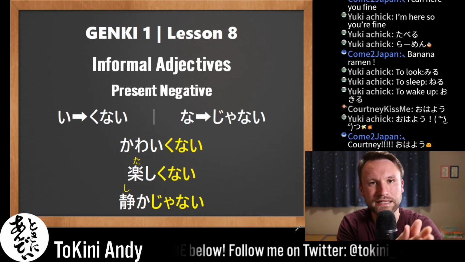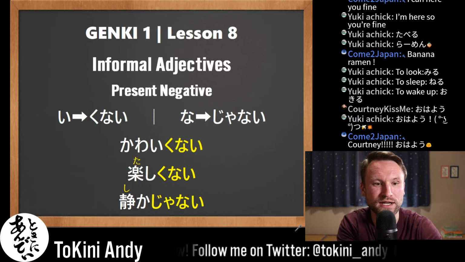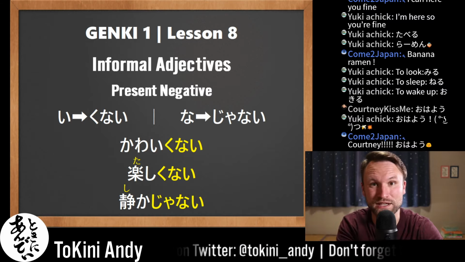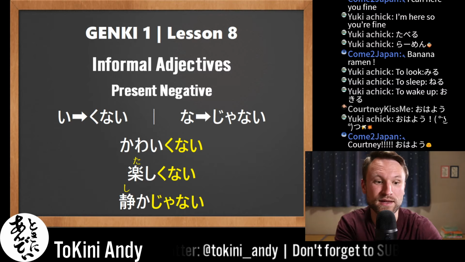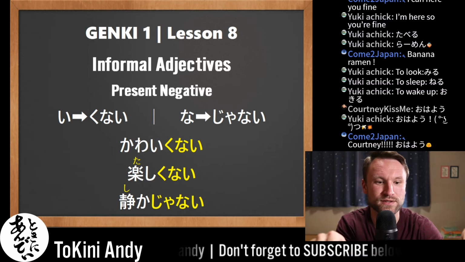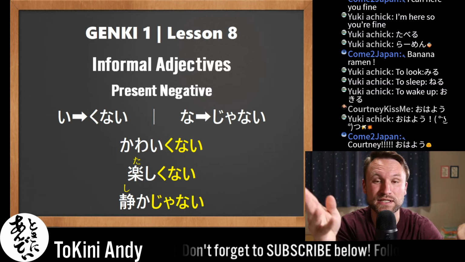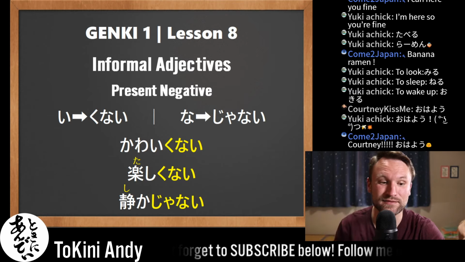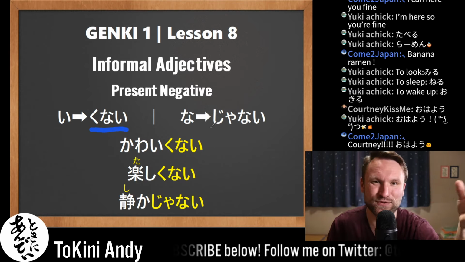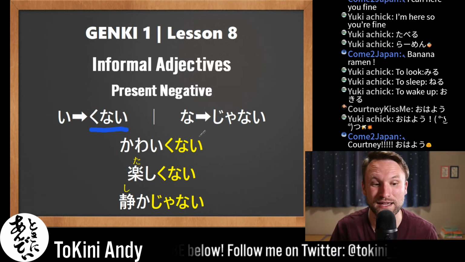So the one that's a little bit confusing for some people when you're conjugating adjectives is when you want to negate them. You want the negative version, just like what we did with the verbs. So it's a little intimidating, but it's actually really straightforward. So for i adjectives, you just cut the last i and change it to kunai, or you transform the last i into a ku and add nai, if you want to think of it that way.